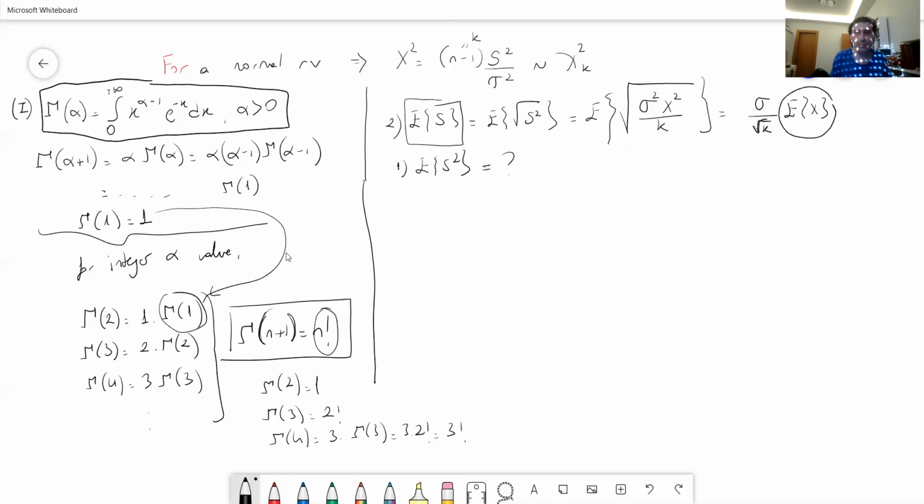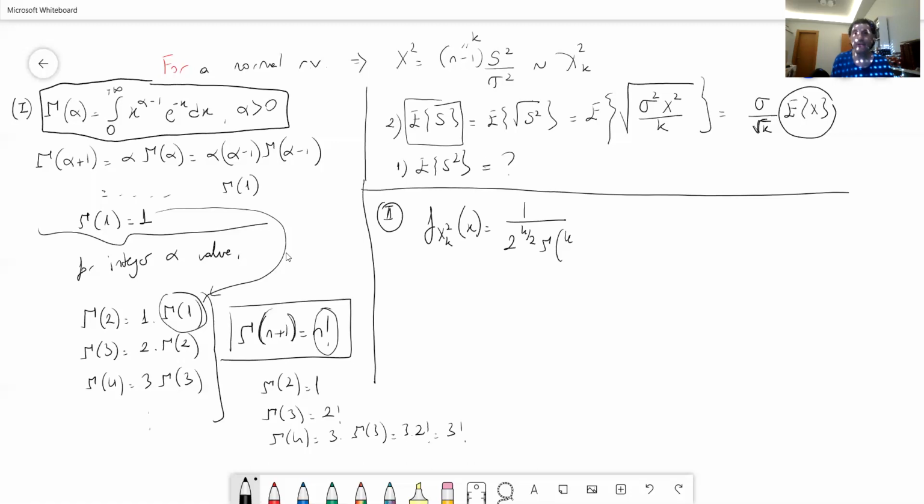And the second thing that we need is the probability density function of chi-square distribution. Now, without any proof, the chi-square distributed random variable with k degrees of freedom has density equal to 1 over, and actually I should copy here in order to not make a mistake.